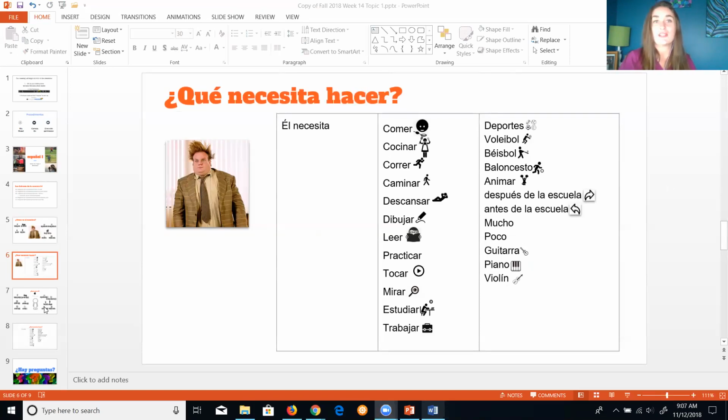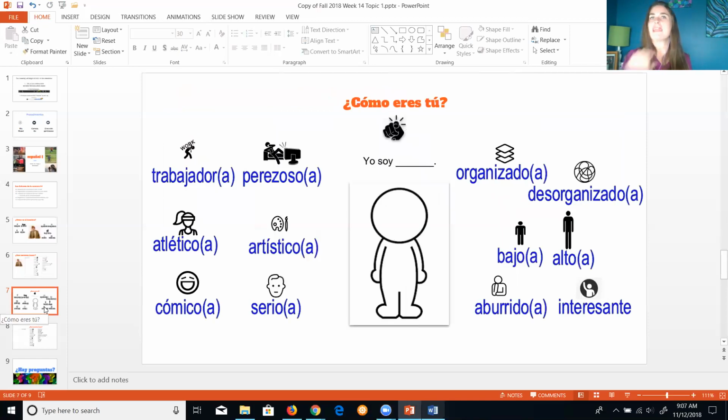Okay. Entonces, ahora, ¿cómo eres tú? ¿Cómo eres tú? En el chat escriben, yo soy trabajador o trabajadora. Yo soy perezoso or perezosa. Remember, if you're describing yourself, you still have to think, am I describing someone masculine or feminine?